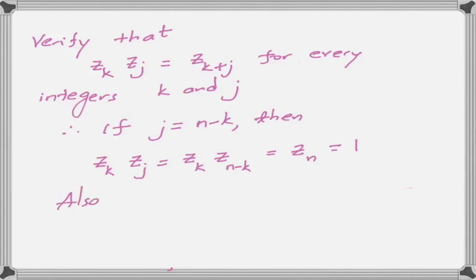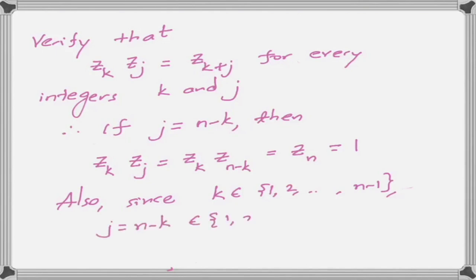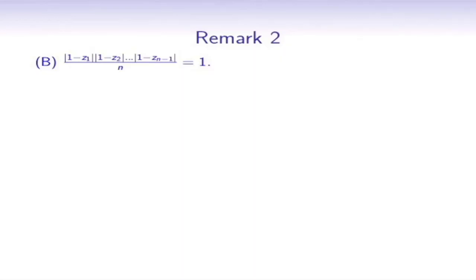Also, since k is in the range 1, 2 and so on up to n minus 1, j equal to n minus k is also in the same range, that is 1, 2 and so on up to n minus 1. This proves that for every complex number zk, there is a complex number zj such that zk times zj is equal to 1.